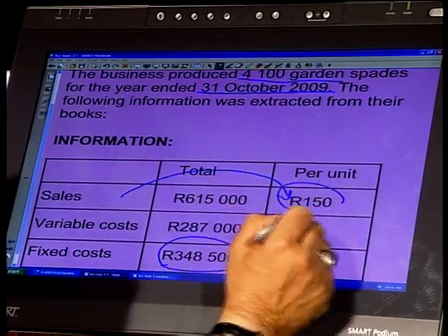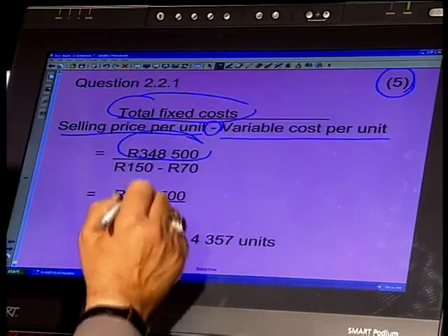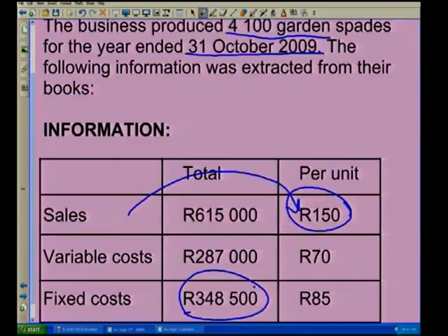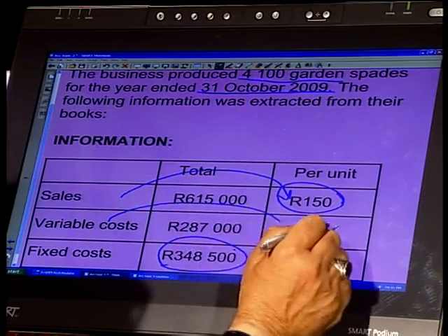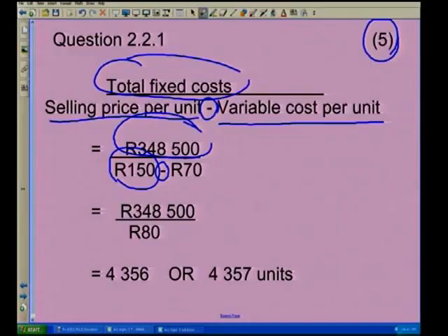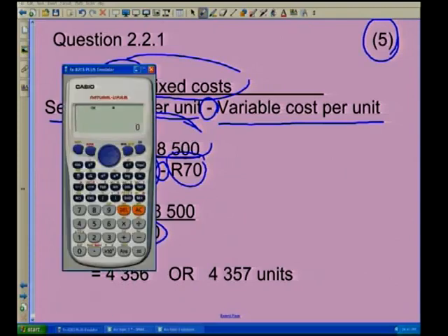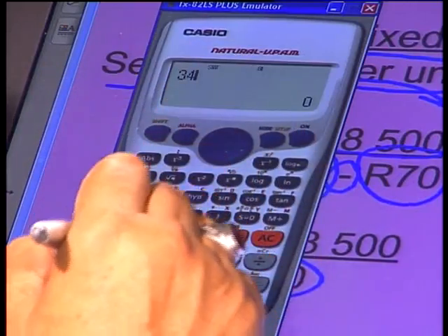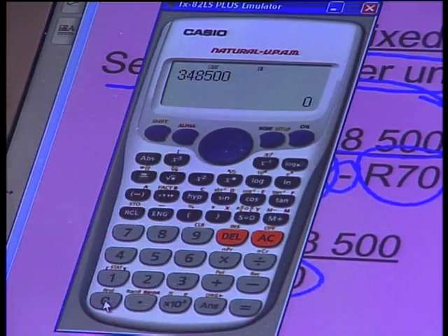Remember, it's the per unit price, not the selling price as a value, but rather the per unit price, which is 150. Okay, there's my 150 minus my variable cost per unit. Once again, variable cost per unit is 70 Rand. 150 minus 70 is equal to 80.